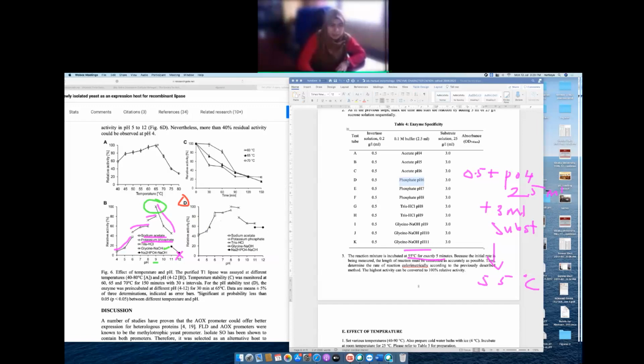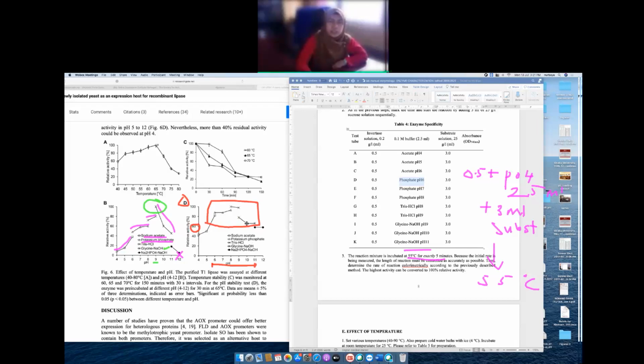For this case, if you talk about more than 60%, you can see that this enzyme is stable from pH 6 to 11 with more than 60% activity. Because when you incubate this enzyme with the respective buffer for a certain time, the enzyme activity is still there.